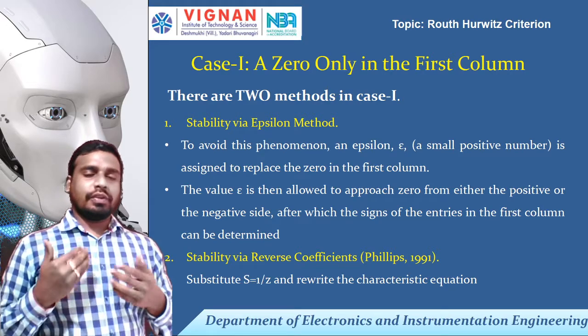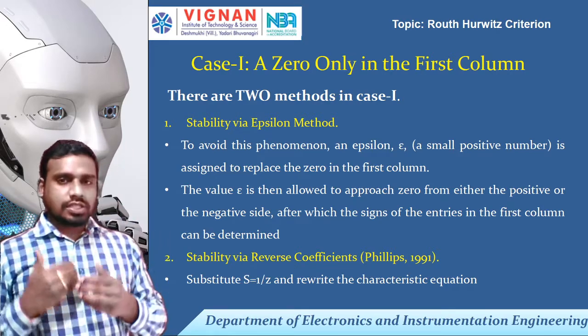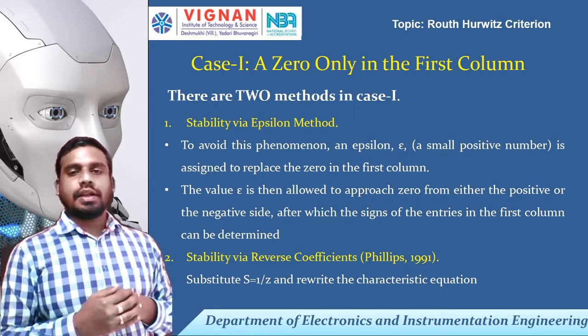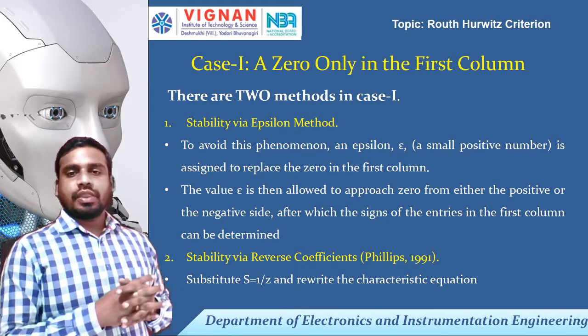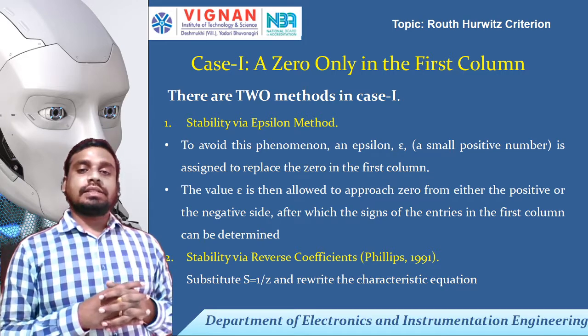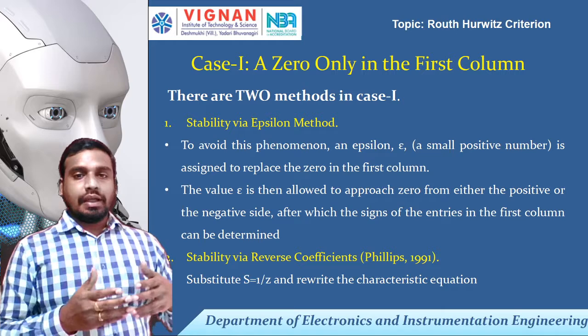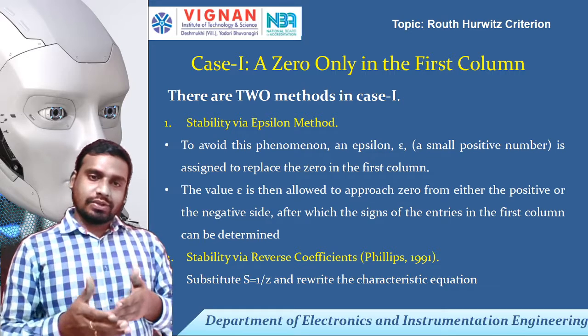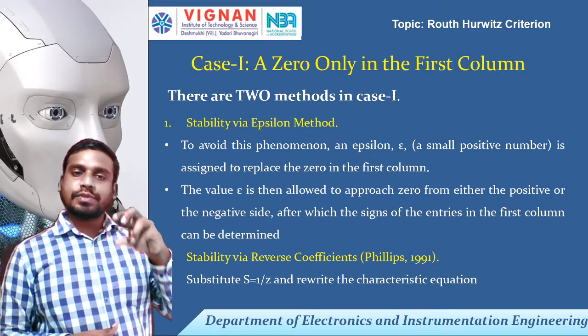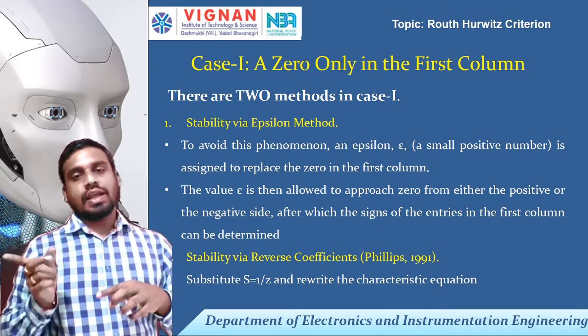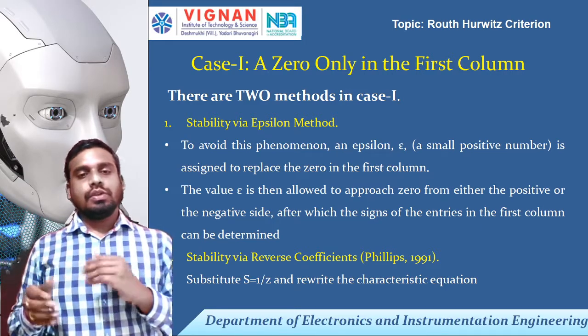So if you get any 0 value, we can approximate that 0 by the nearest positive value, right? Substitute epsilon and apply the limit epsilon tends to 0, because the actual value is 0. When we take epsilon as an approximation, we have to say that the limit tends to 0.